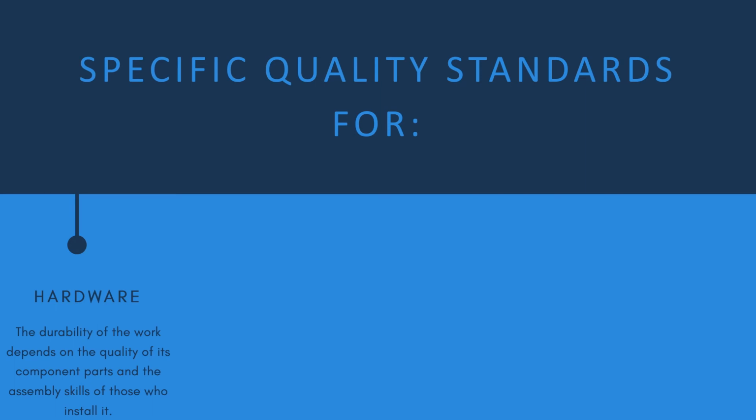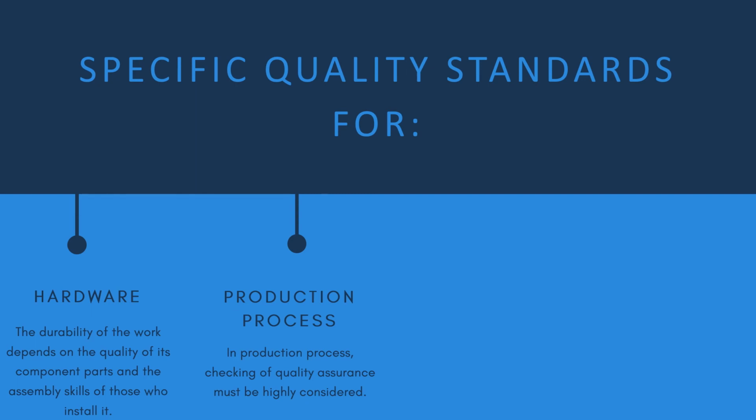In purchasing a material, there are specific quality standards that are set for, number 1, hardware, wherein the durability of the work depends on the quality of its component parts and the assembly skills of those who install it. The second one is the production process, wherein checking of quality assurance must be highly considered.